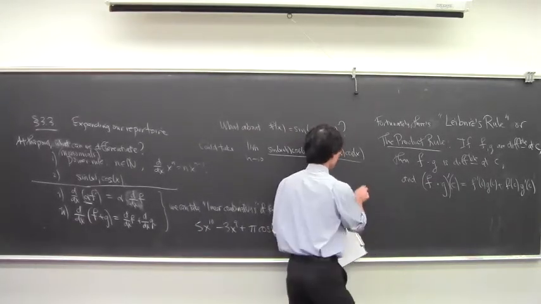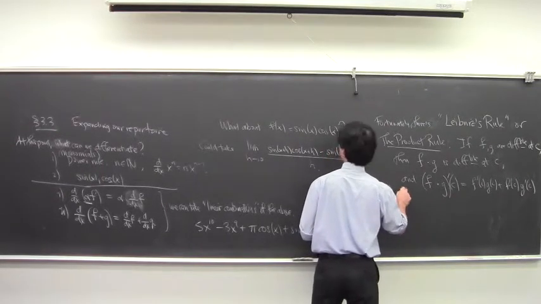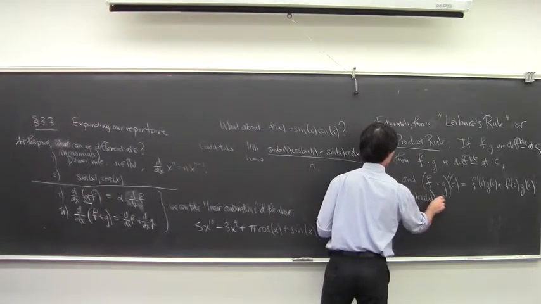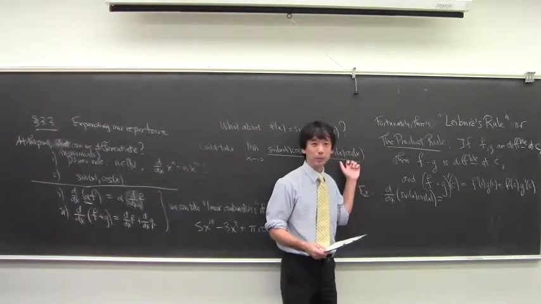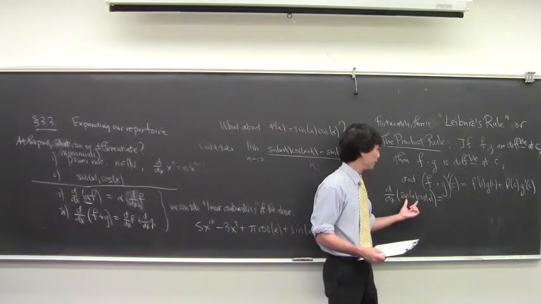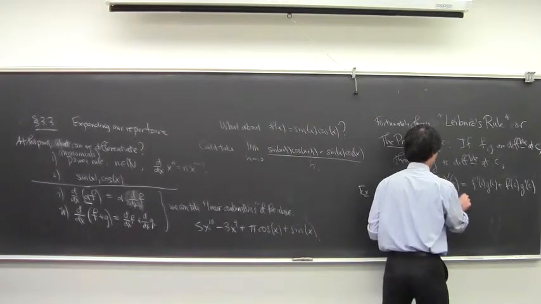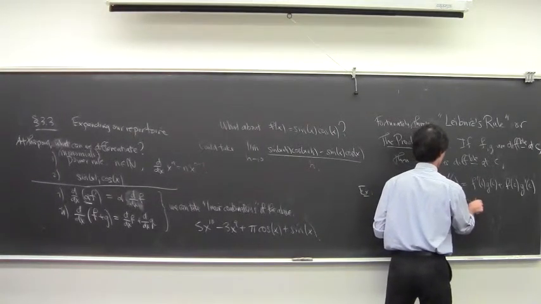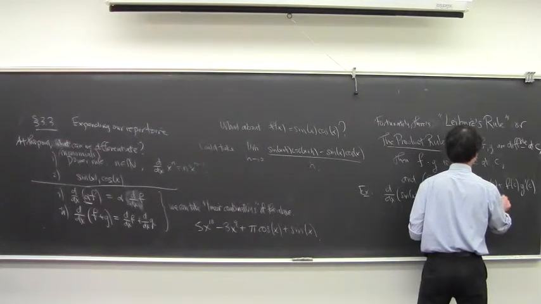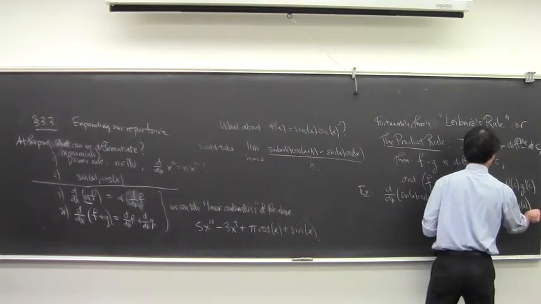Okay, so for example, if somebody asks what's the derivative of sine x cosine x, you wouldn't have to do this limit process. You could just use the rule and say this is going to be the derivative of the first times the second plus the first times the derivative of the second.